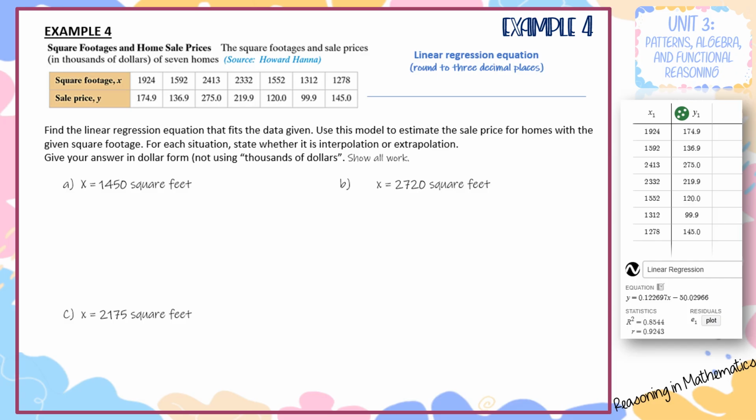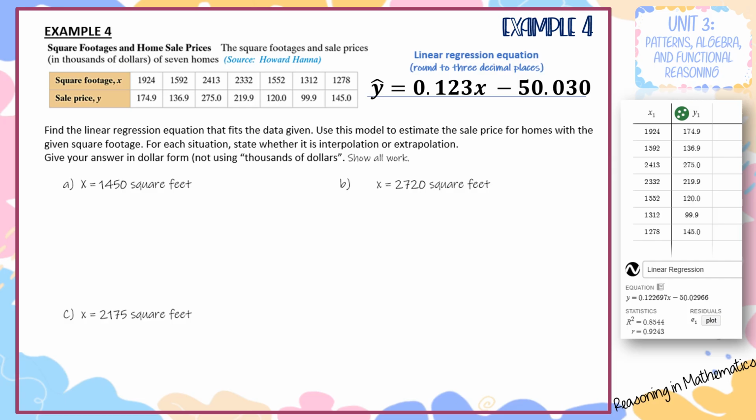Remember, we round to 3 decimal places, and it is there on the screen. Y hat, because we're using it to estimate, is 0.123x minus 50.030. We're going to use that to make predictions.